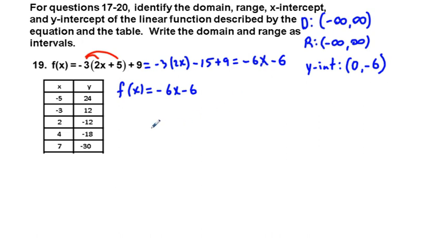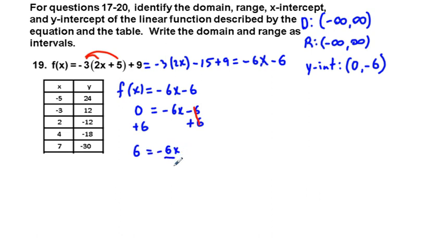And what is our x-intercept going to be? Well, to do that, if we set this equation equal to, f(x) equal to 0, 0 equals -6x minus 6, we can add 6 to both sides of this equation. So what we have left coming down here is 6 is equal to -6x.